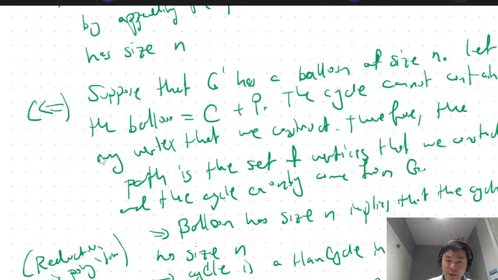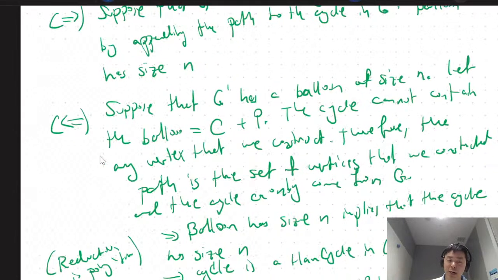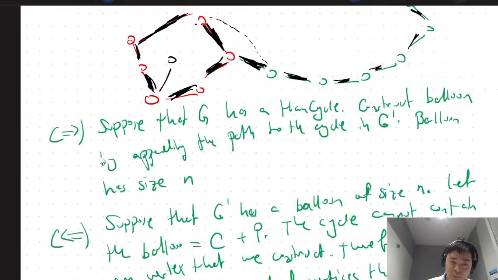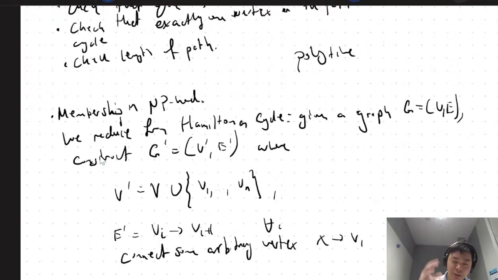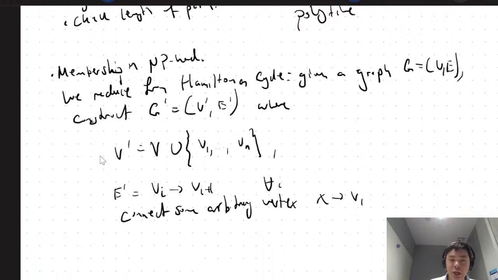So this is the general scaffold whenever it comes to writing a reduction. You want to actually start with some problem that is known to be NP hard, and then construct an instance of your problem from an arbitrary instance of the original problem, and then show that if the original problem has the property of the NP-hard problem, then the instance you constructed must satisfy the property of your problem.